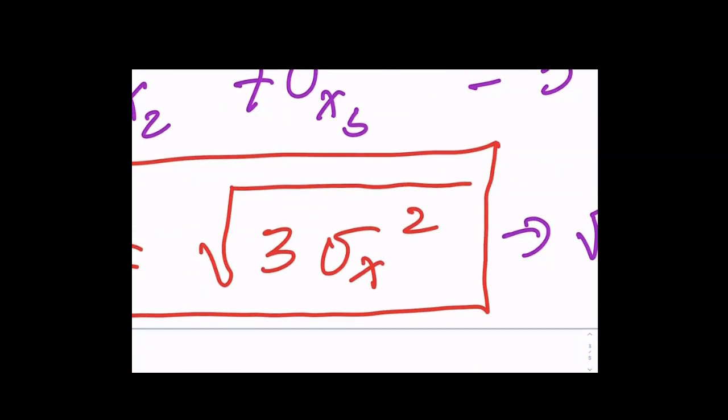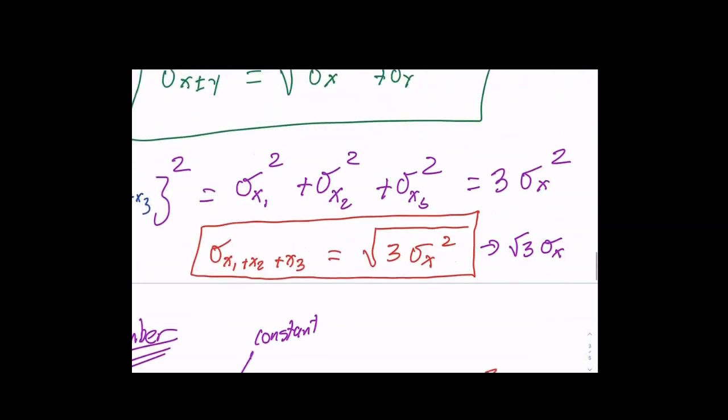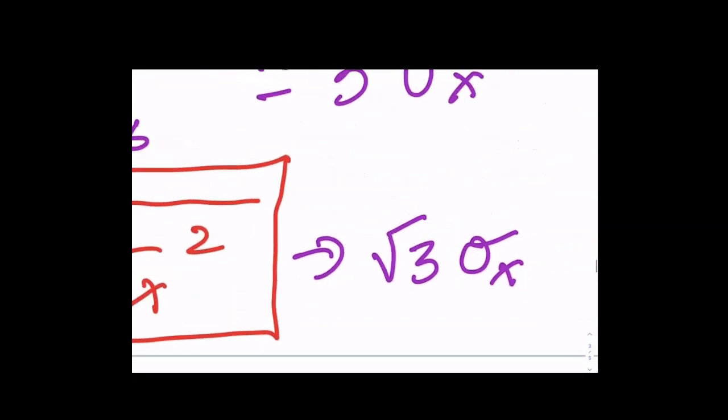But mathematically, we can make a lot of silly math mistakes. A lot of people, for example, will cancel out the square root and then turn it into a regular 3, but it's actually the square root of 3. And so in this situation, we get the square root of 3 times the standard deviation of x. What is the square root of 3?